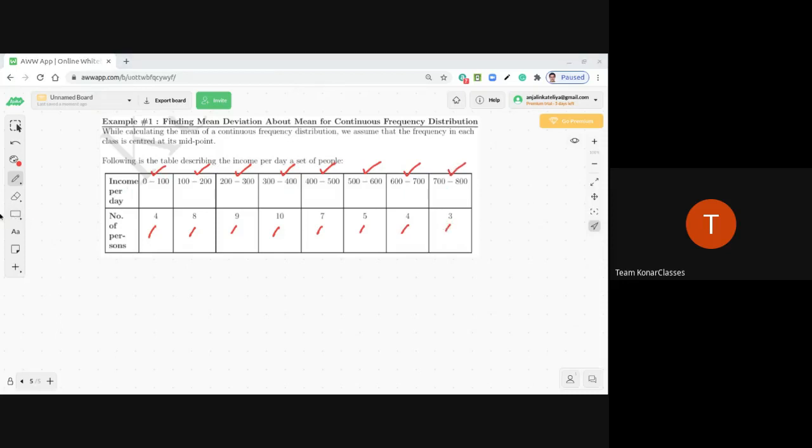Now, what are we going to find? We are going to find the mean deviation about the median for this given data set. As we assume that the frequency in each class is centered at its midpoint, we need to form the following table.